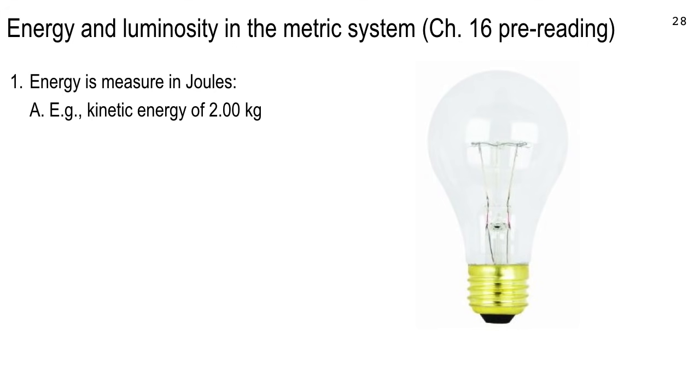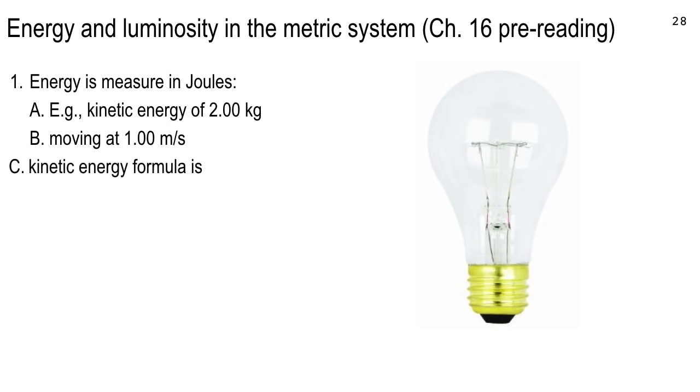Something can have kinetic energy, something moving. A 2 kilogram object moving at 1 meter per second. Here's the formula, 1/2 mv squared. A joule is the kinetic energy of that object: 1/2 times 2 times 1 squared is equal to 1. So that's the metric system.